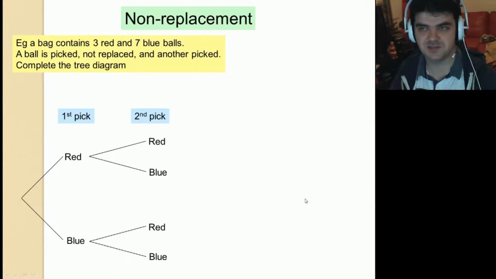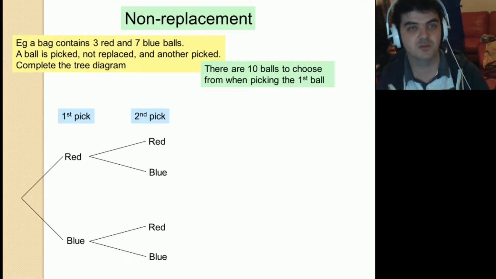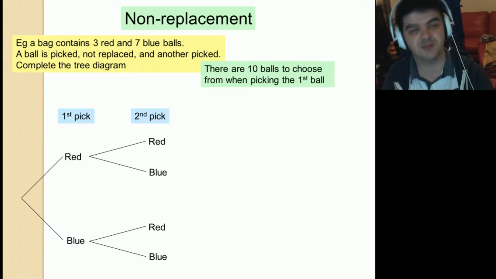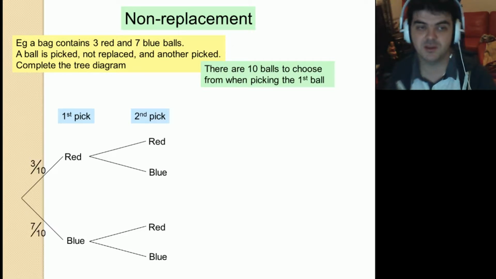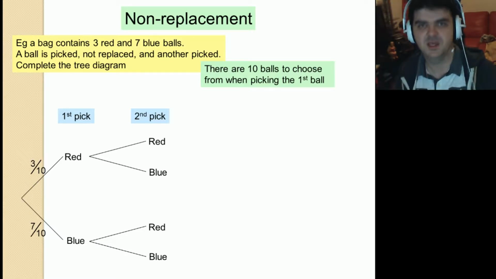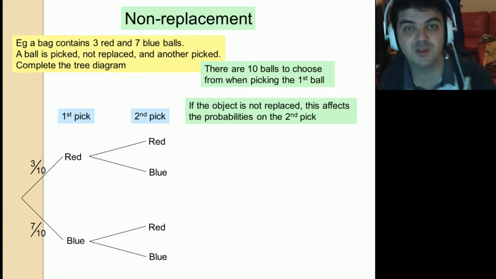So what happens? Right. There are 10 balls to choose from when picking the first ball. So for the probability of a red, there are 3 red and there are 10 balls. So the probability of a red is 3 over 10. Similarly for a blue, the probability is 7 over 10. Now, when I pick the second ball, whatever I picked on the first ball affects the second ball.